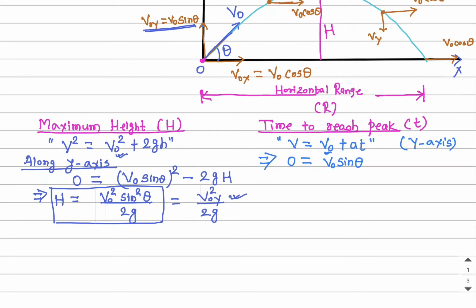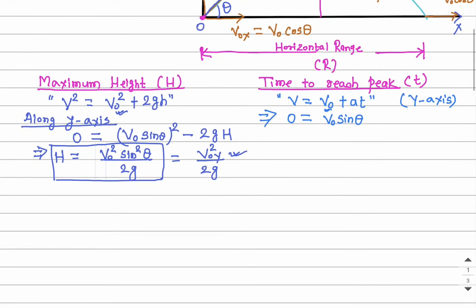And as the particle is going up, we have the negative acceleration, and this a is g, and you have the time. So you can solve for the time now, and the time will be v0 sine theta divided by g. This is how we calculate the time to reach the peak.